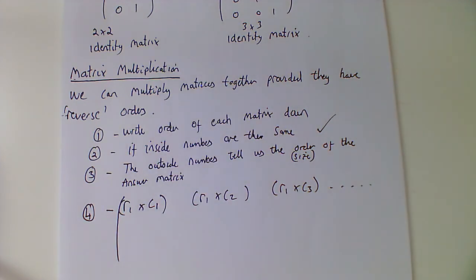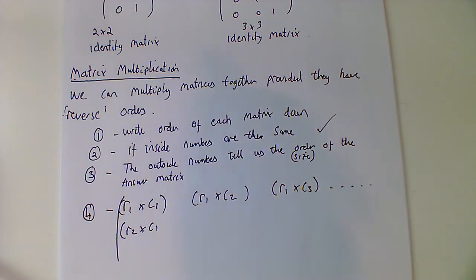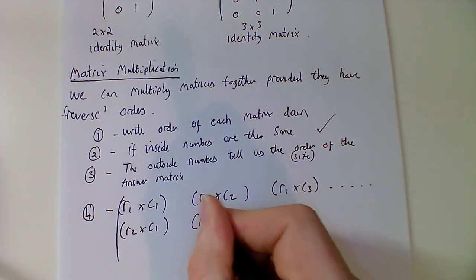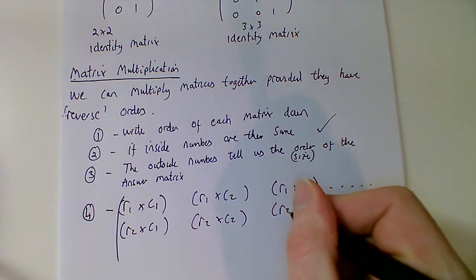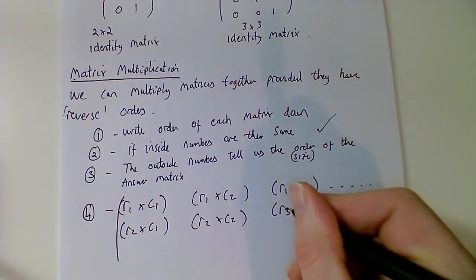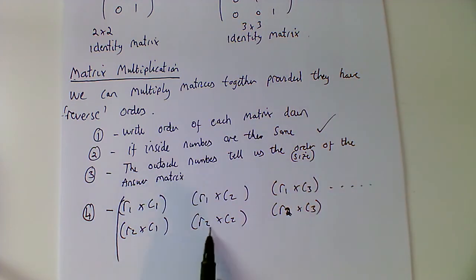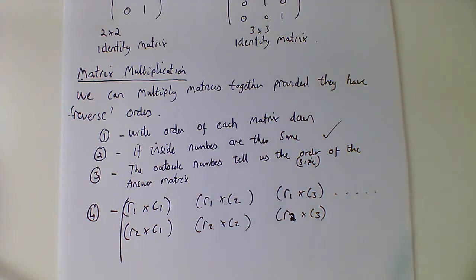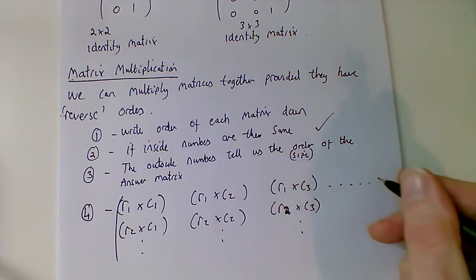But I'll show you that by example. So in this one here, we're in row 2, column 1. So in this bit here, we multiply row 2 by column 1. Row 2 by column 2. Row 2 by column 3. So the row that the element's in tells you what row you're multiplying, and the column it's in tells you your column, and so on and so on.